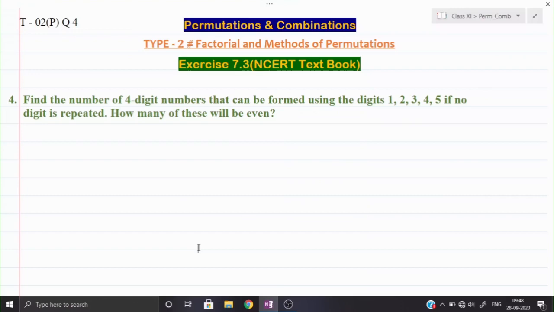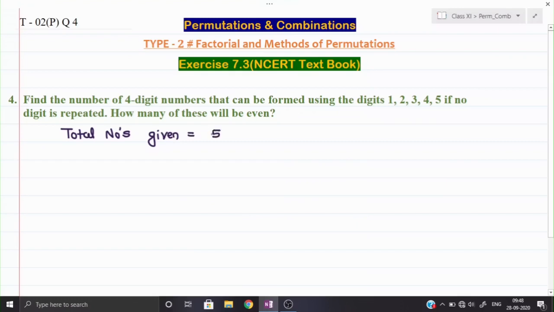One with the general permutations where the number will be 4-digit and no digit will be repeated. Second, we shall find out the 4-digit numbers where digits will not be repeated and all the numbers will be even. So let us see how we can find out. First of all, we will write down here the total numbers given. How many numbers are given here? 5.